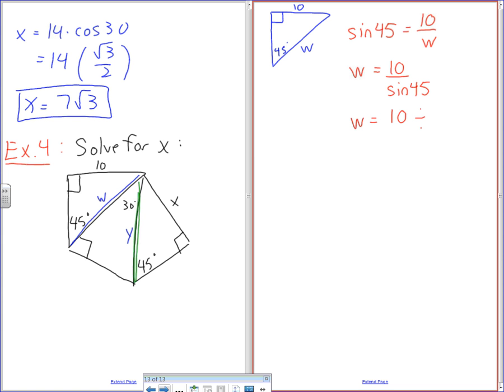What's sine 45 equal to, please? 1 over root 2. So W then equals 10 times root 2 over 1. W equals 10 root 2.